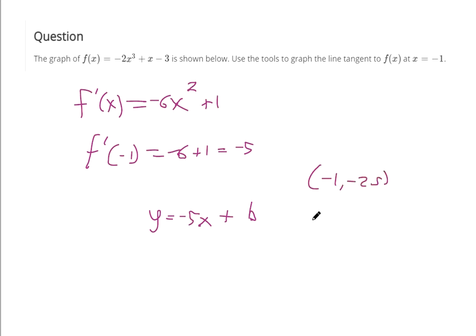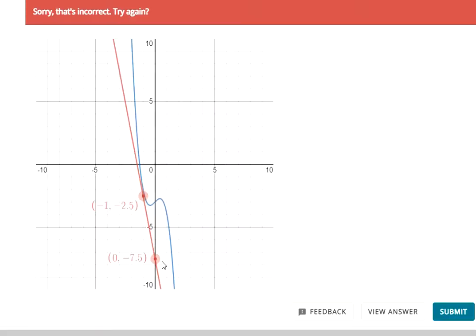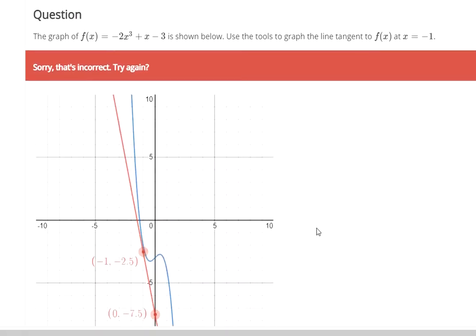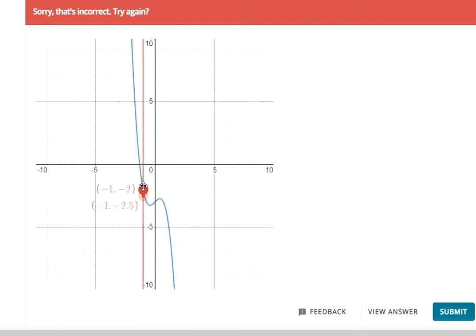So if I plug in -2.5 for y and -1 for x, we get the same thing. I must have done something wrong. I mean, you could go up 5, so 1, 2, 3, 4, 5, and to the left 1.